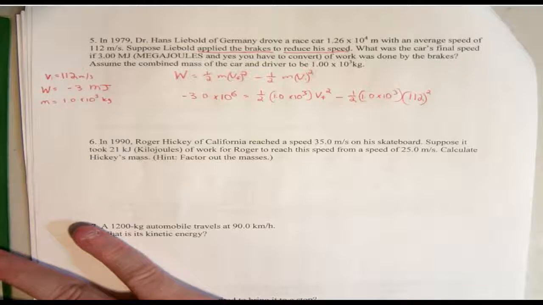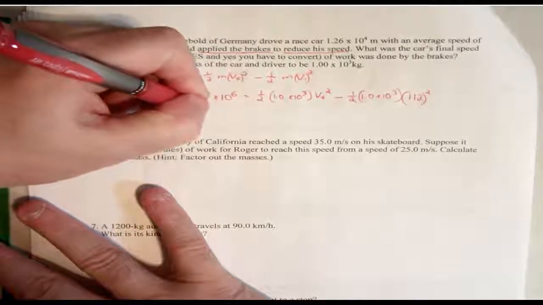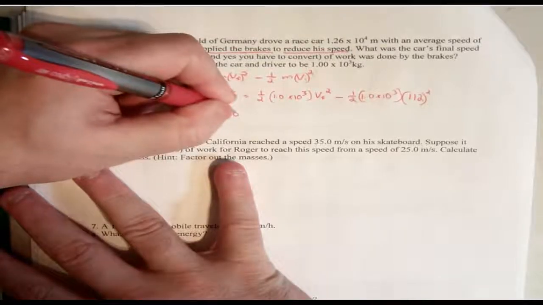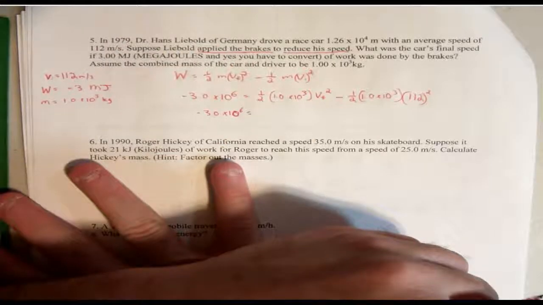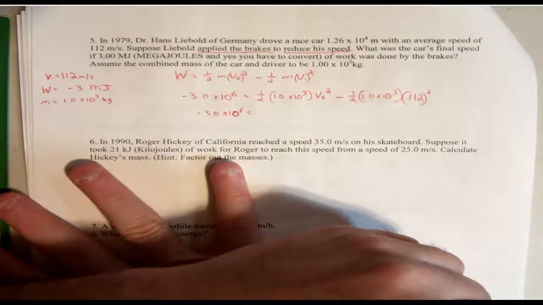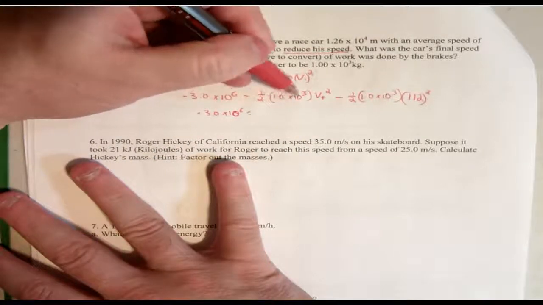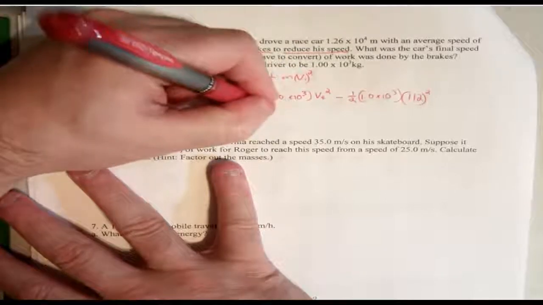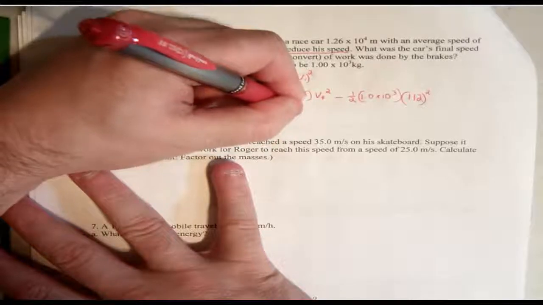Okay, so let's rewrite this and combine stuff. Negative 3.0 times 10 to the 6, that's our work, equals 1/2 times 1 times 10 to the 3. That means you move the decimal 3 places, so that's 1,000, times 1/2, that's 500, times final velocity squared.